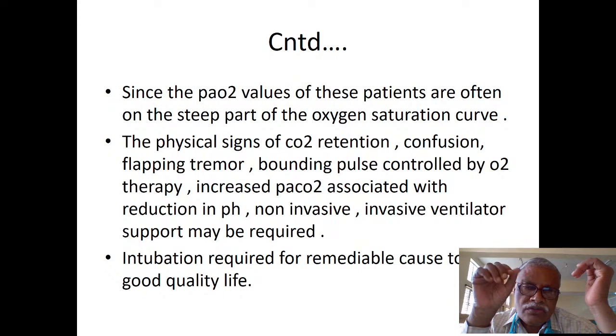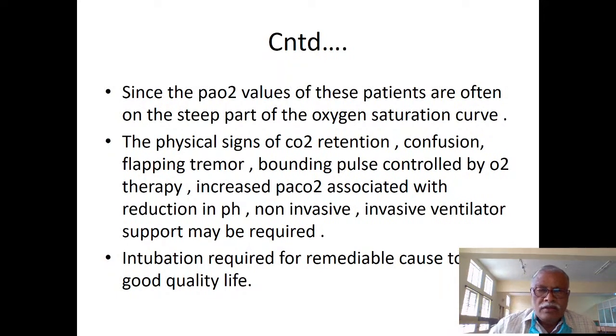The physical signs of carbon dioxide retention are confusion, flapping tremor and bounding pulse, controlled by oxygen therapy; increased partial pressure of oxygen is associated with reduction in pH. Non-invasive and invasive ventilator support may be required in such patients. Intubation is required for a remediable cause to give good quality of life to the patient.